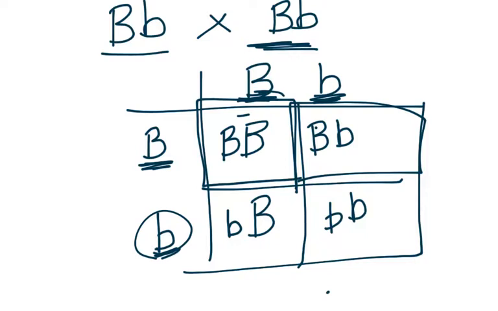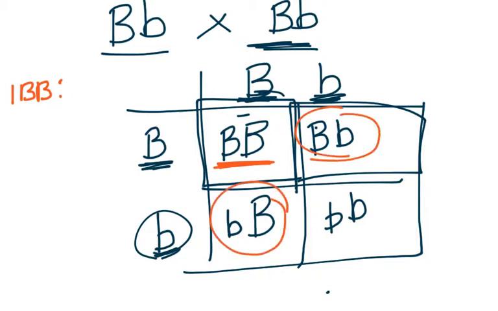So my question asks the genotypic and phenotypic ratio here. If I look at the genotypic ratio, that is indicating my letters. So my genotypic ratio here is 1, that is big B, big B. And once again, this is my genotypic ratio. 2, I have a heterozygous combo here and a heterozygous combo here.